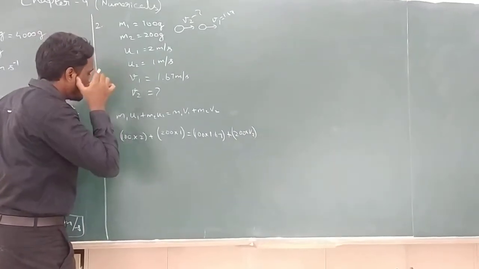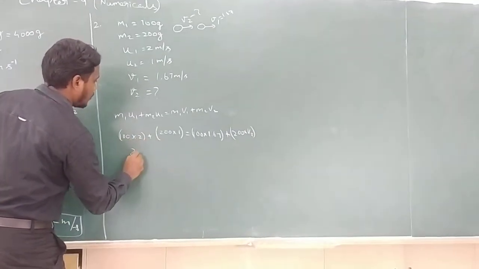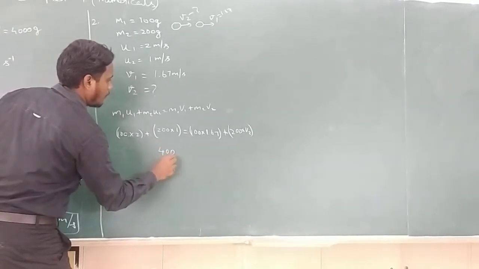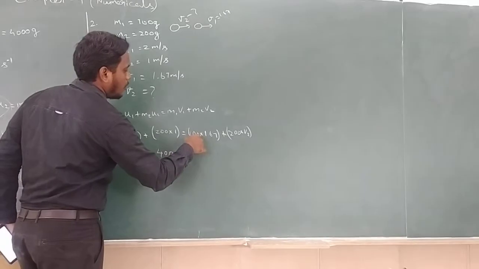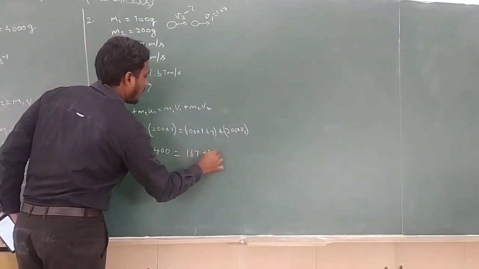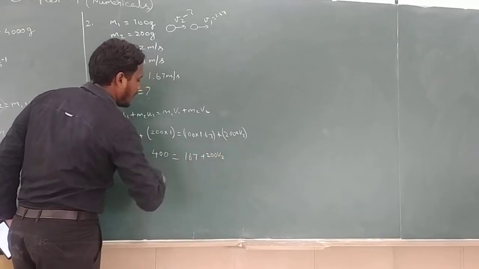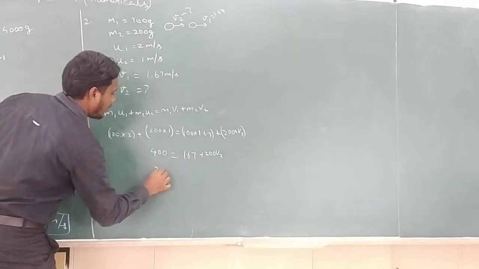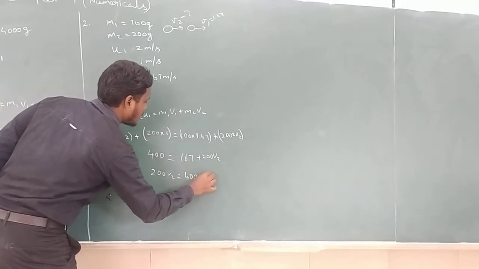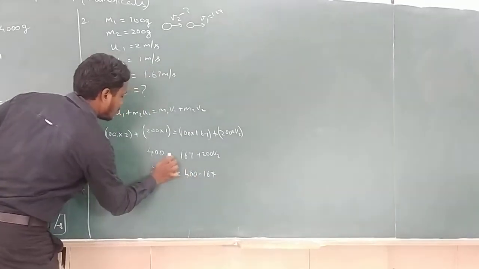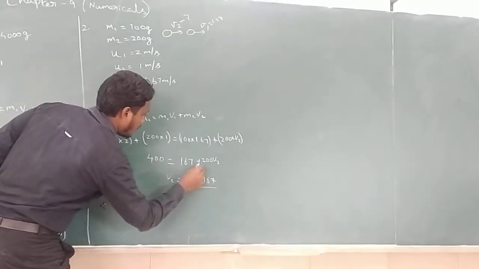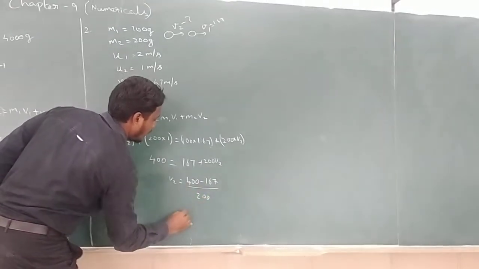So what do we get? We take this as 200 plus 200 equal to 400. 400 equal to, moving two decimals, 167 plus 200 v2. If I bring it to this side, I get 200 v2 equal to 400 minus 167. Then 200 goes to the denominator, divided by 200.